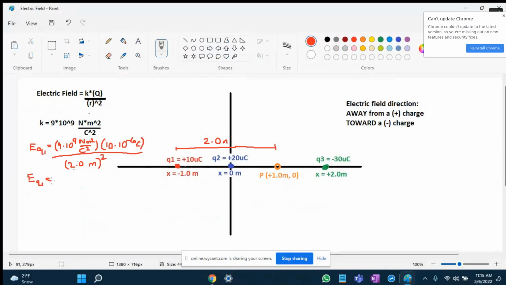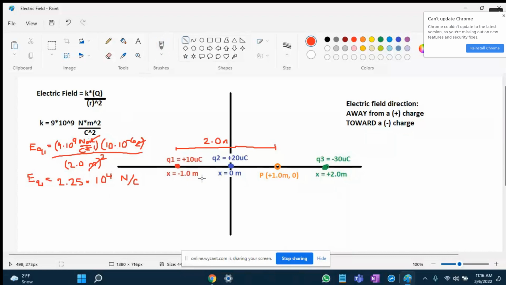It would be 2.25 times 10 to the 4, and the units are Newtons per coulomb, that's usually what the units are for electric field.